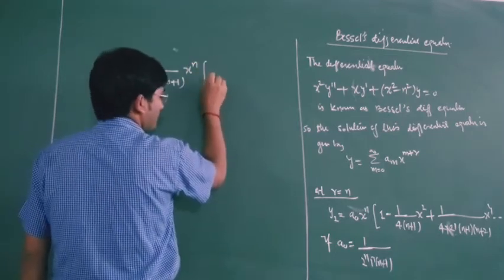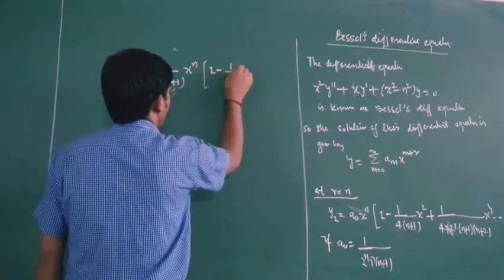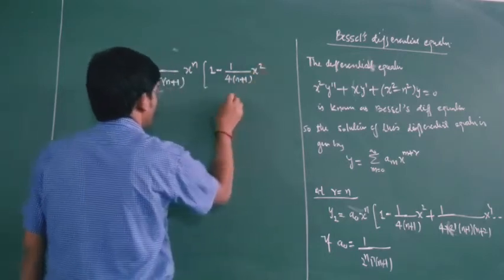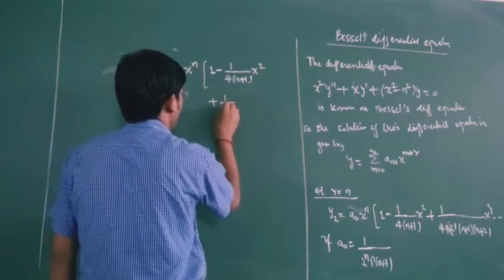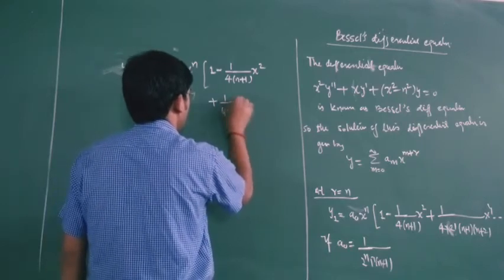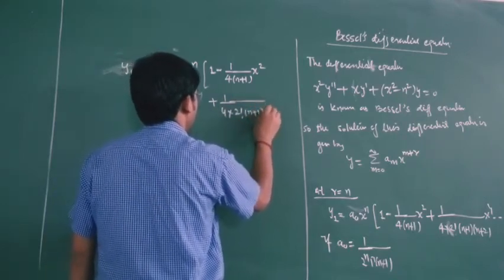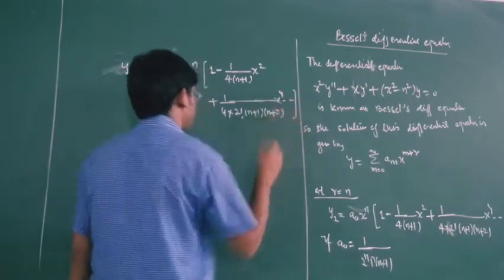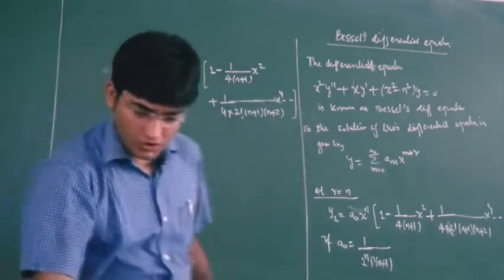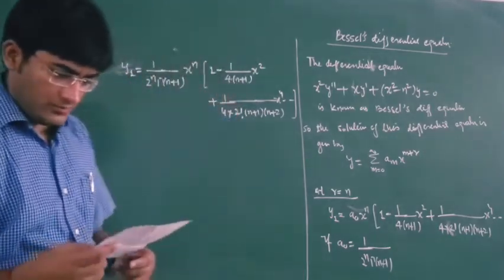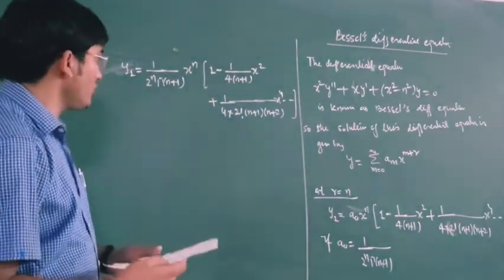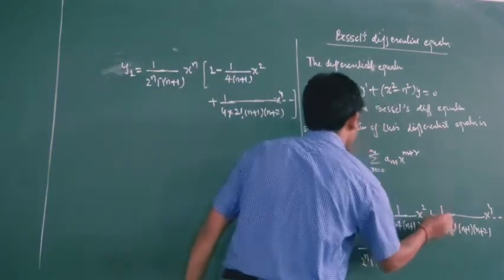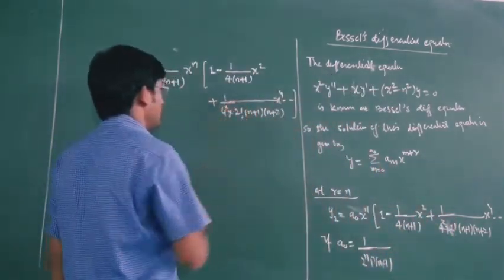Now in the bracket we have 1 minus x square upon 4(n plus 1), then plus x power 4 upon 4 into factorial 2 (n plus 1)(n plus 2), and so on. So this was your solution about r equal to n. Here we have 4 square.